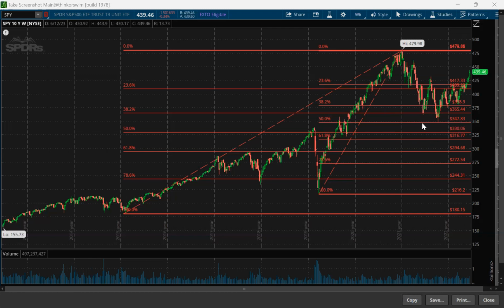Why? Because that's the 50% retracement for the COVID crisis sequence, and then the 50% retracement off of the 2016 fib sequence or the 2015 fib sequence. They're basically the same. Now, the point here is that once we broke through that resistance level of the 23% retracement, that's a really strong buy.